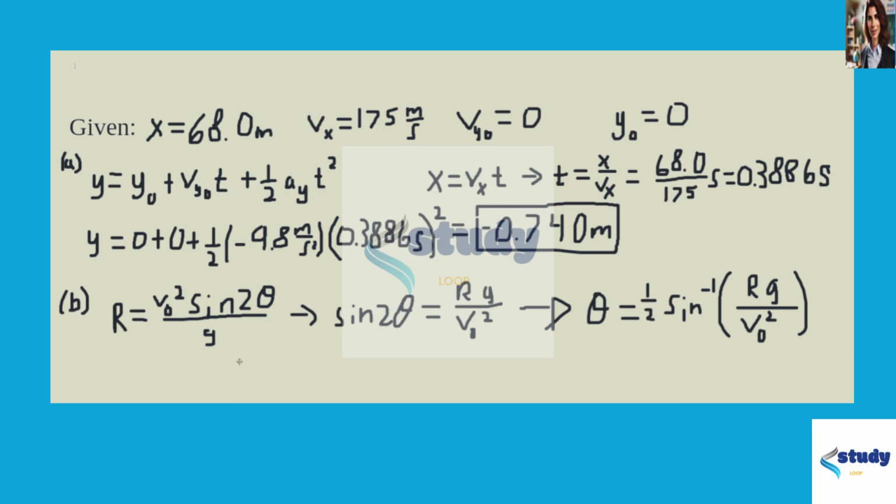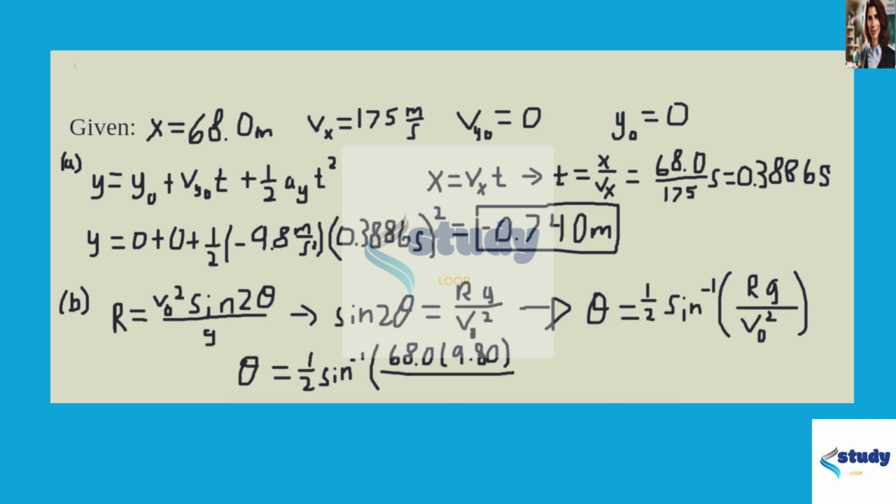Now if we plug in all of the values that we have, we still have 1/2 and the inverse sine. R is the range, so that's 68. G is gravity, acceleration, 9.8. That's in meters per second squared, but 68 is in meters.